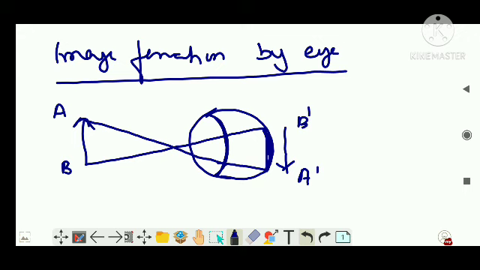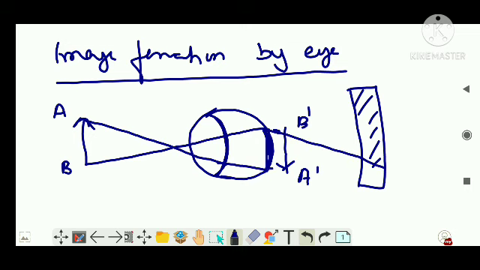That means the image is inverted. But when I see you, I don't see your legs above and head down. I just see you as you are, right? That means I get an erect image, not a real and inverted image, right? So that is done by what is known as our brain, right? The signals received from the eyes are inverted in the brain, so that now the image in the brain will look like AB, right?